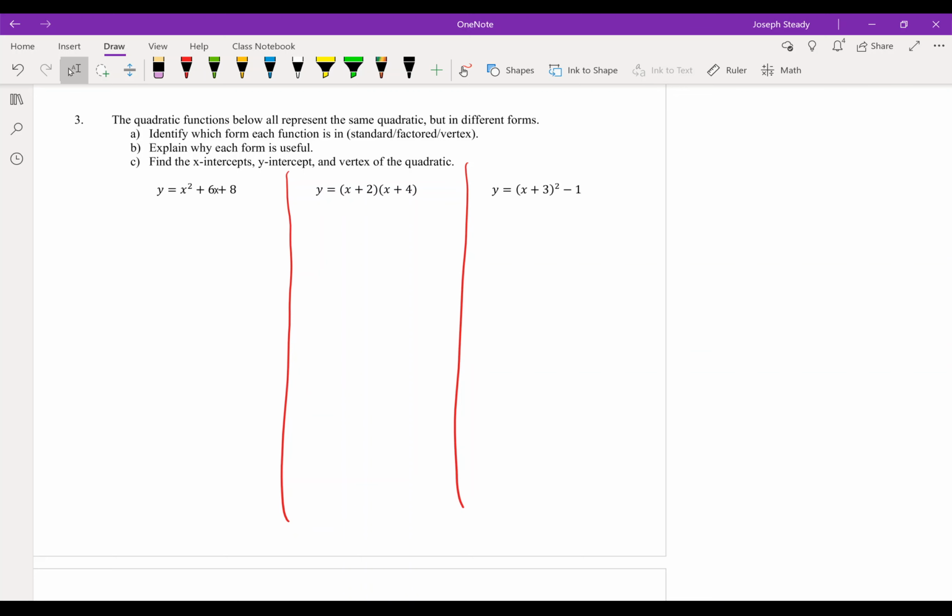If we look at the first example here, we can see that there are no parentheses in it, everything is fully expanded, and it's written in our usual ax squared plus bx plus c format. That makes this standard form.